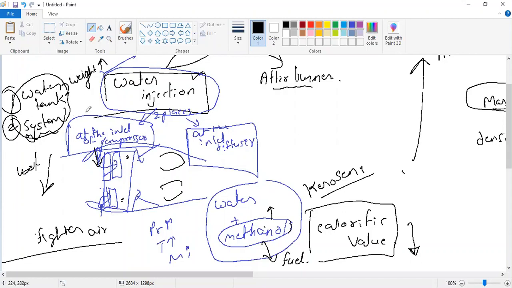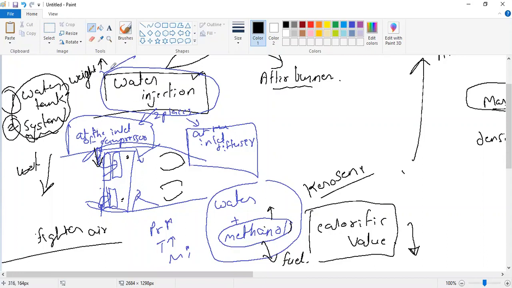That means you will need to carry a smaller number of passengers. If this is a fighter aircraft, you will need to carry one less missile. And the fighter pilots, they know what can happen with one less missile. It can be a matter of life and death. So this is the disadvantage of the water injection system.